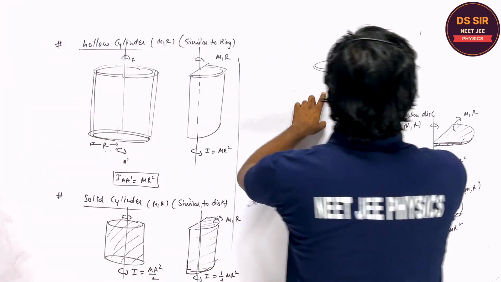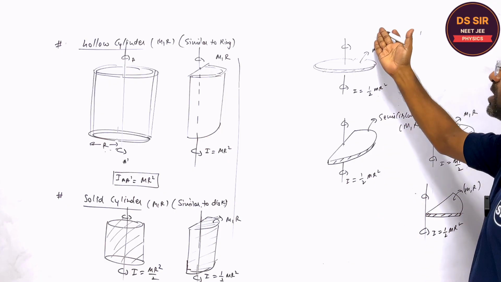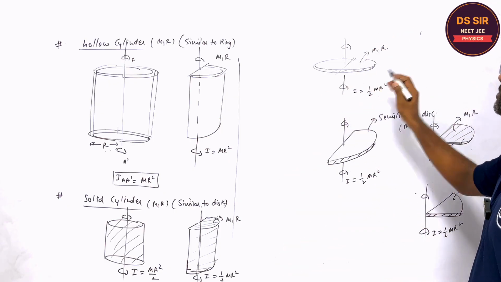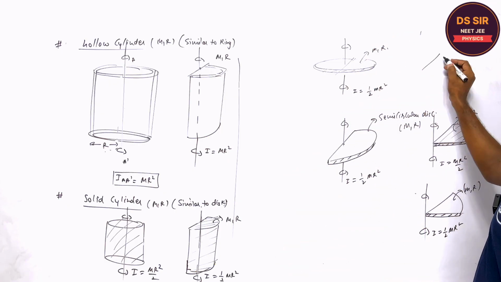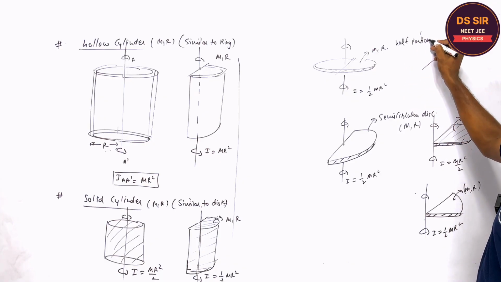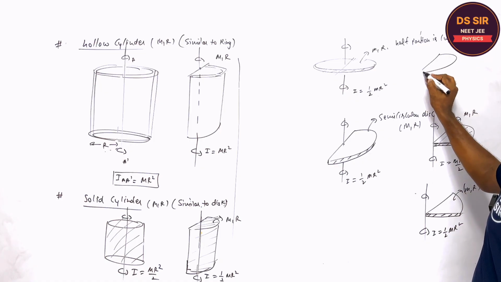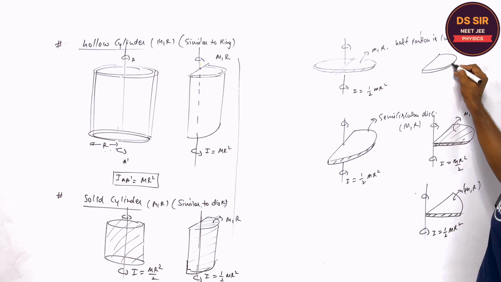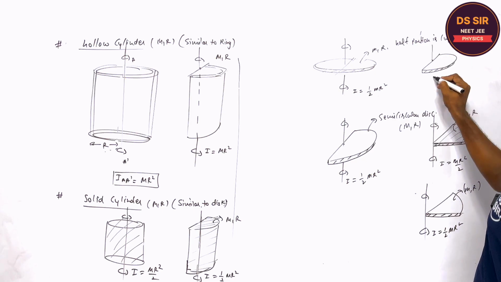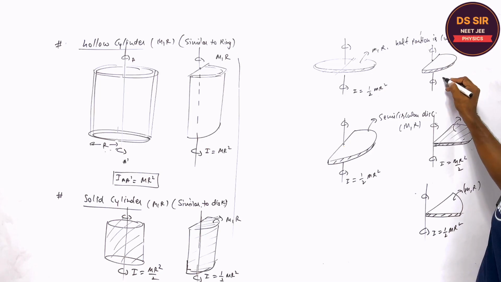Listen one thing. If this is the disk, the moment of inertia is half mr square. If I cut the disk, half the portion is cut off, and this is the remaining portion. Can you tell me what is the moment of inertia in this case? mr square by 4.